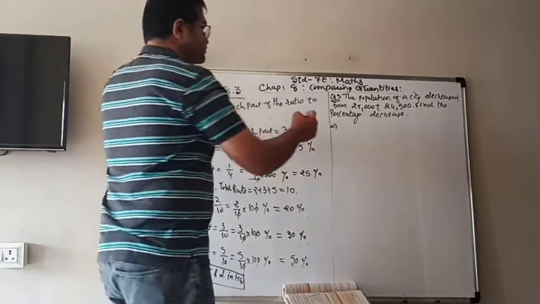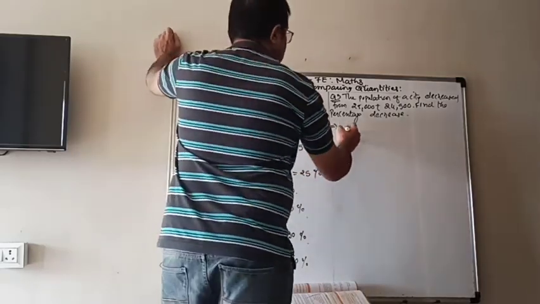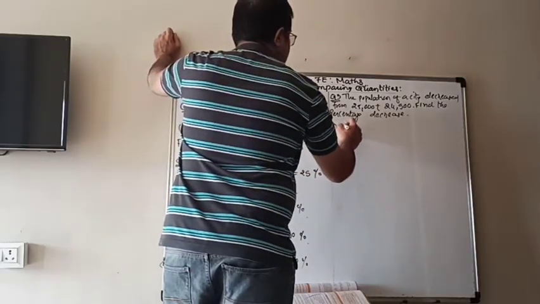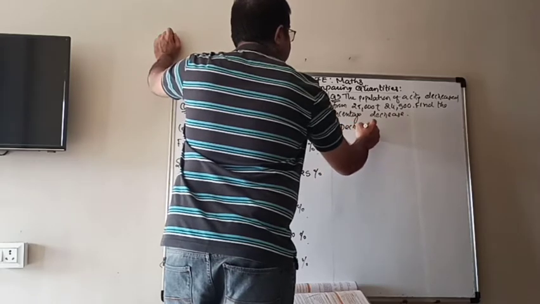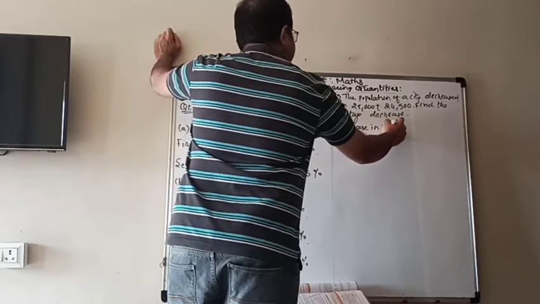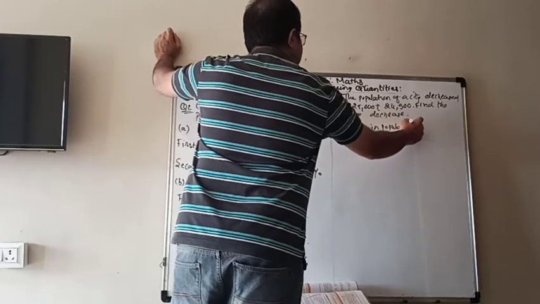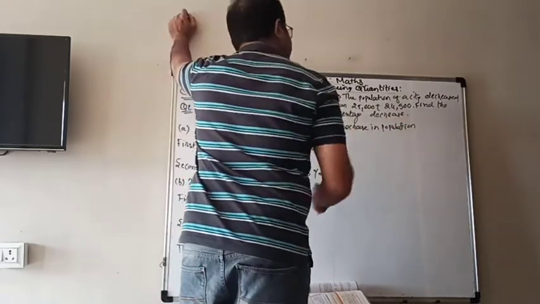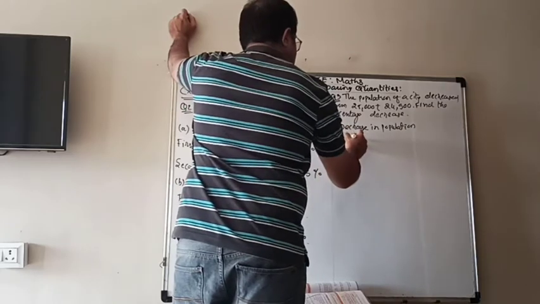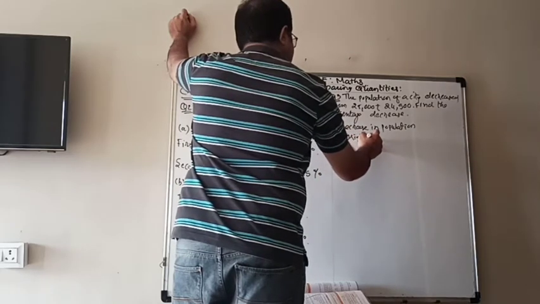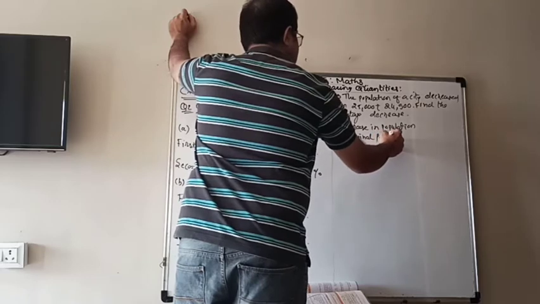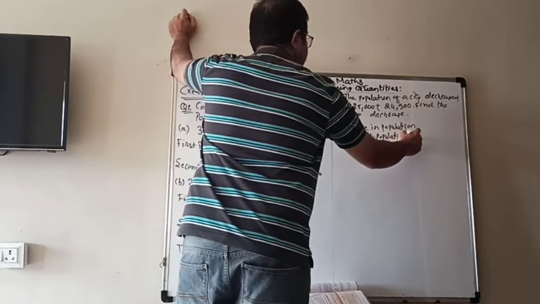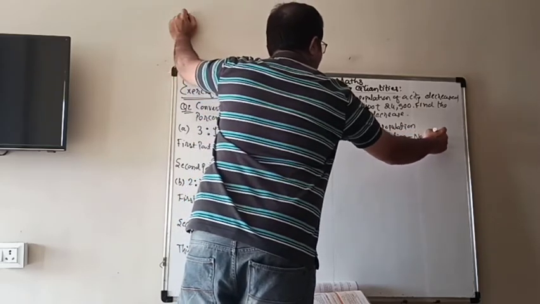So now, decrease in population is equal to original population minus new population.